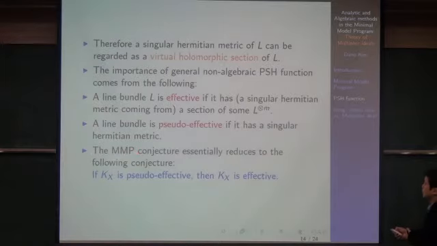And the very nice thing is that we talked about this MMP conjecture before, and it essentially reduces to the following very simple looking conjecture. For a general smooth projective variety X, if Kx, the canonical line bundle, is pseudo-effective, then it's actually effective.